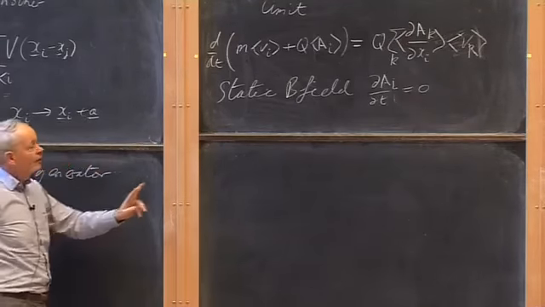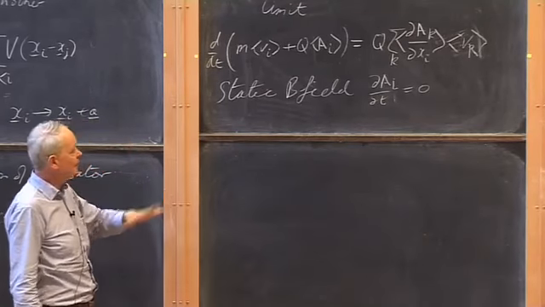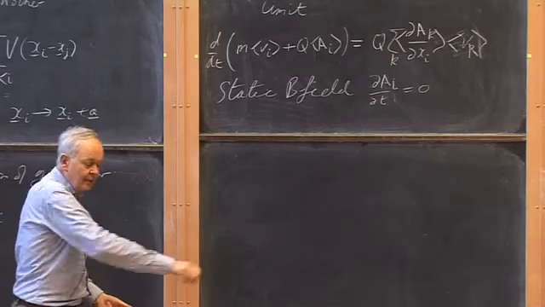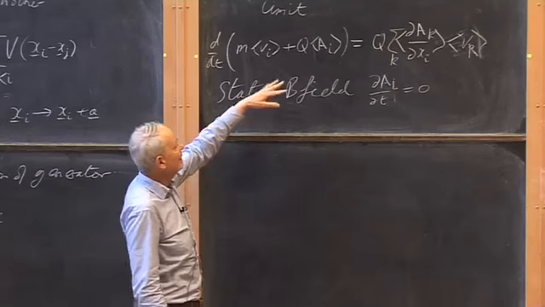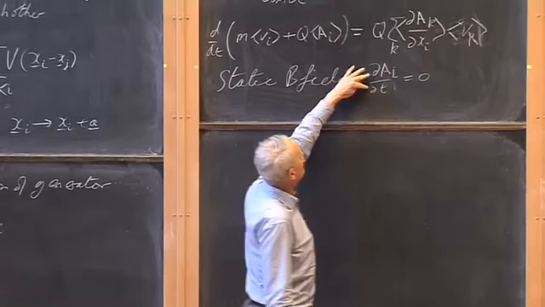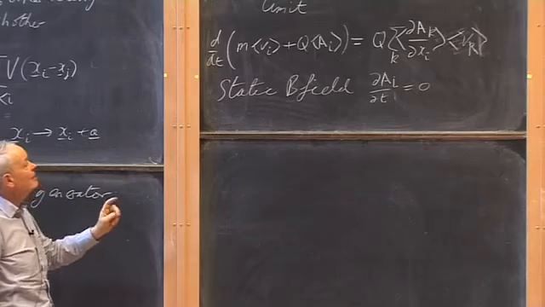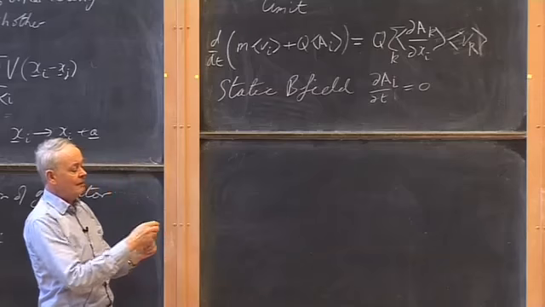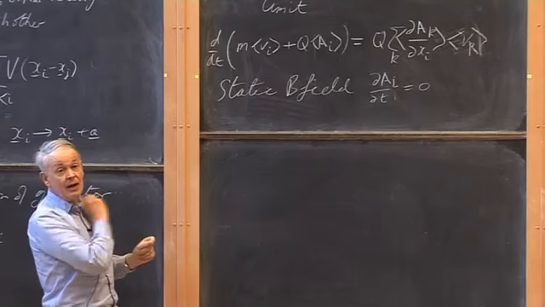If this thing were non-zero, it would generate an electric field. A time-varying magnetic field creates, by Faraday's law, a curly E field, and that leads to a more complicated equation of motion. So we're interested in static B fields, so that the rate of change of the magnetic vector potential at any given point is zero, but this time derivative is not zero because the particle is moving and sensing the vector potential at different locations.